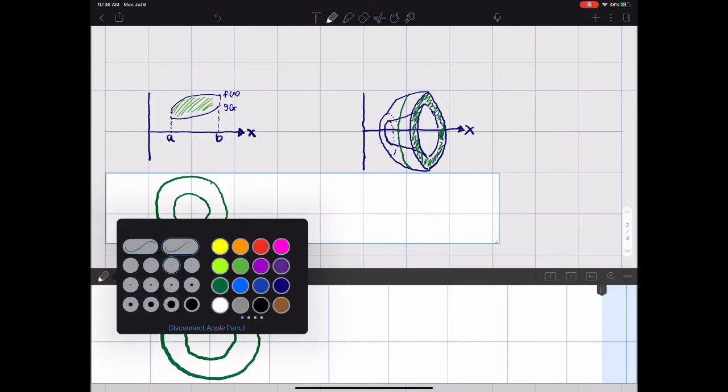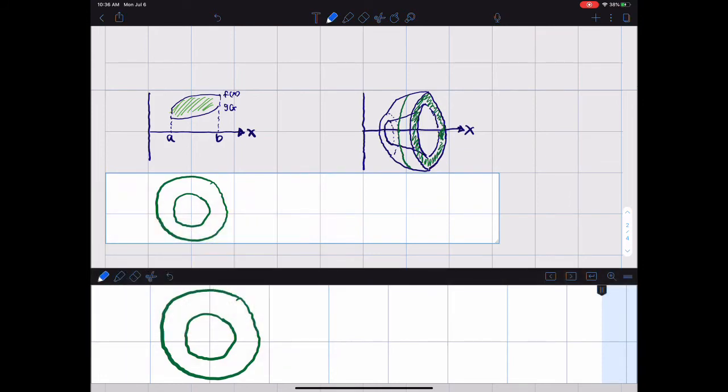Now, it's like a hollow circle, two concentric circles, and we're looking for the area in between them. So from here, the radius of the larger circle is f of x. The radius of the inner circle is g of x. All right.